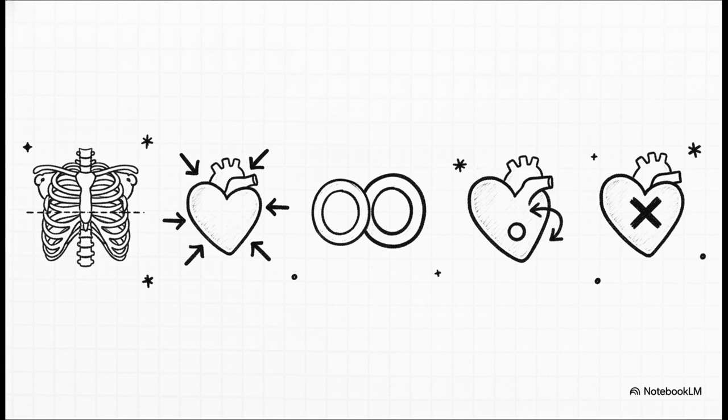Second, cardiac tamponade restricts diastolic filling, dropping cardiac output and causing Beck's triad. Third, the left ventricle is 2 to 3 times thicker than the right due to high systemic resistance. Fourth, ventricular septal defects are the most common congenital defects. And fifth, the LAD artery is the most frequent site of coronary occlusion.